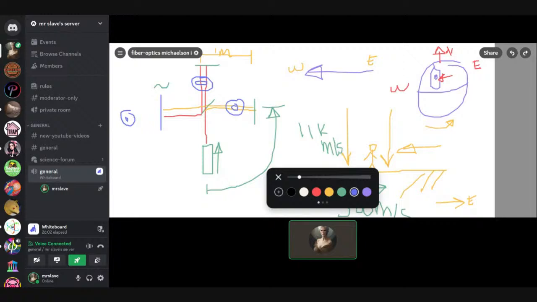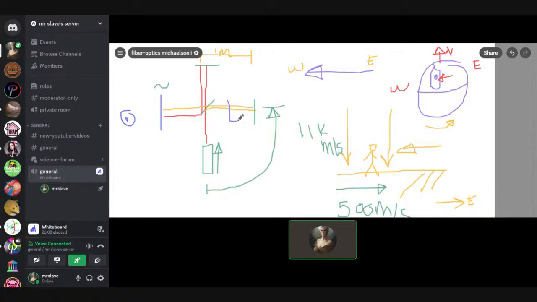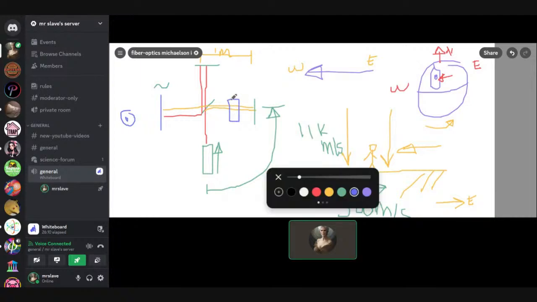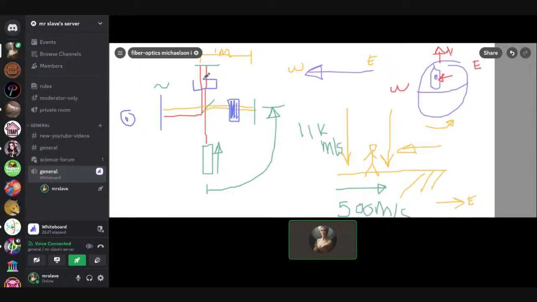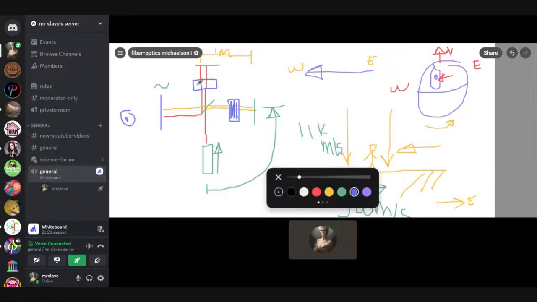So instead, what I would suggest is you place the roll like this, with the fibers going round and round this way. Here you would put it like this, with the cables going this way.